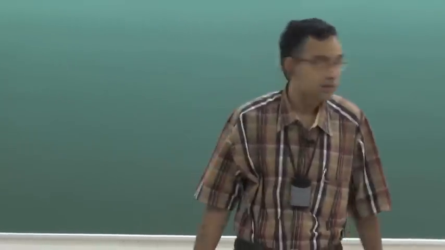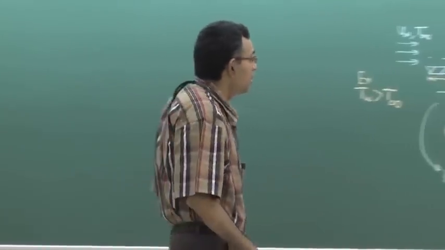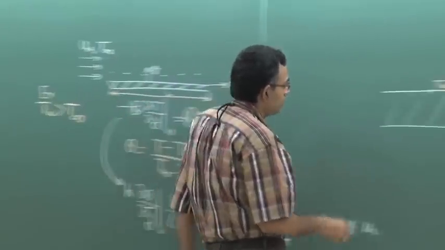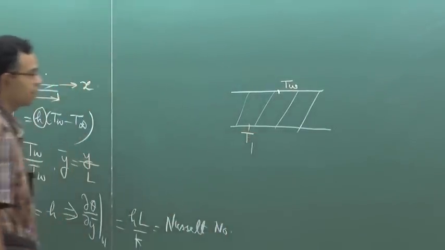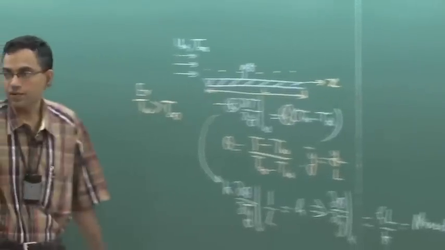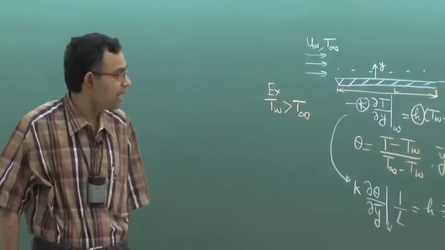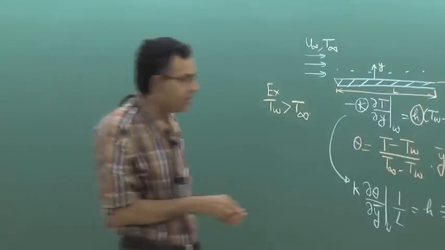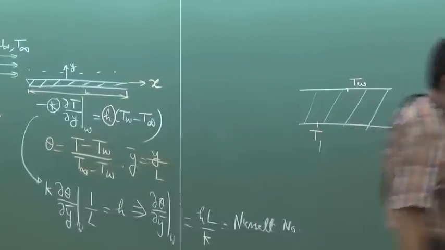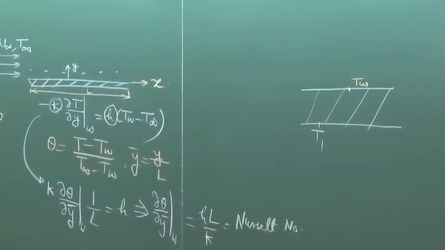T wall equal to T infinity is a redundant example, because then there is no temperature difference between the wall and the fluid. So, let us say this temperature is T1. If it is steady state, what will be the temperature profile between T1 and T wall? Linear temperature profile, right? So, let us draw it with some color.